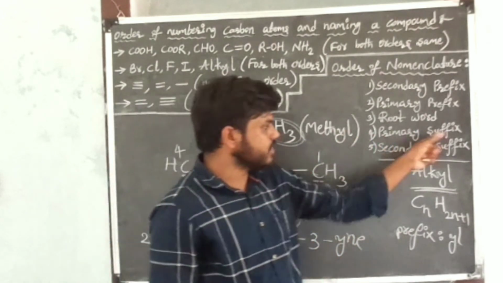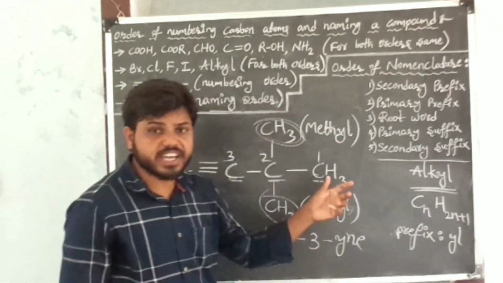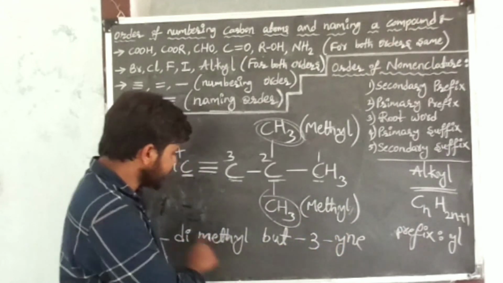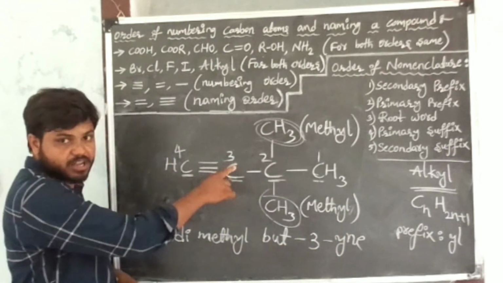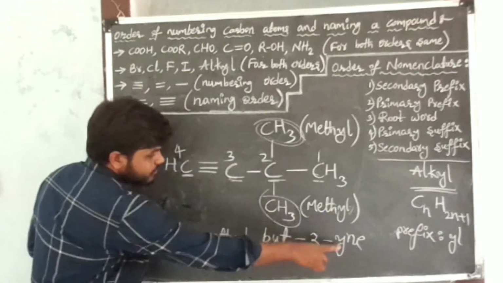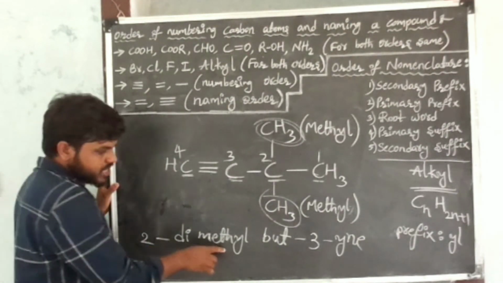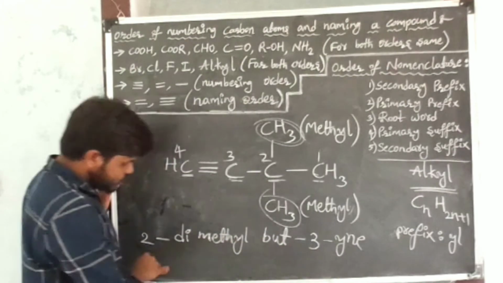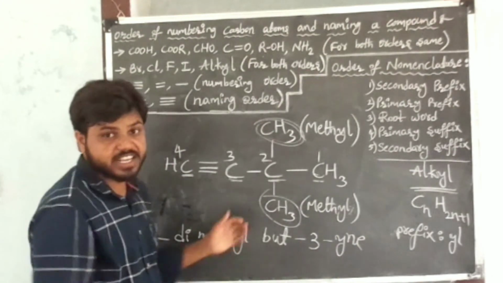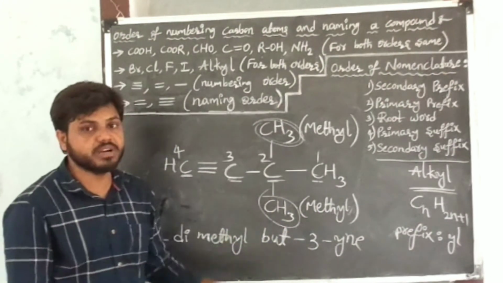After writing the primary suffix, go to the secondary suffix. Secondary suffixes are functional groups, which are not present in the given carbon compound. So this is our required IUPAC name of the given carbon compound: 2-dimethyl-but-3-ine.